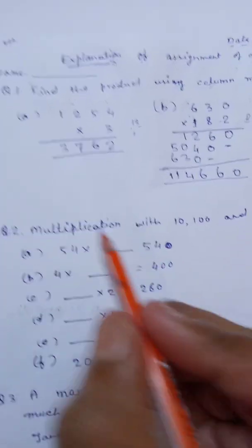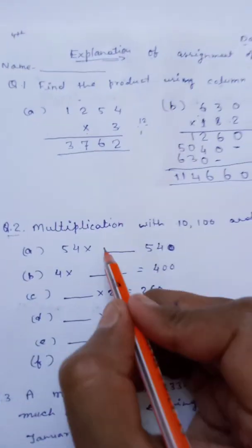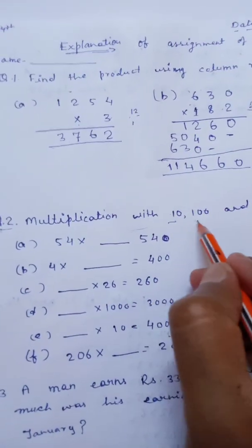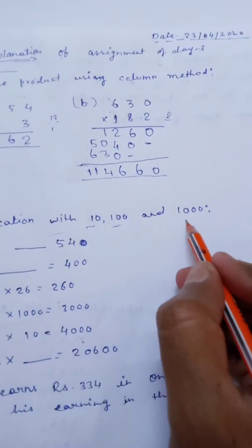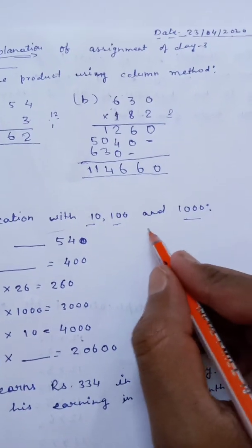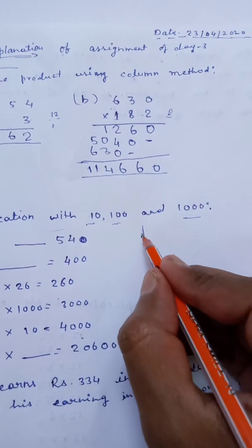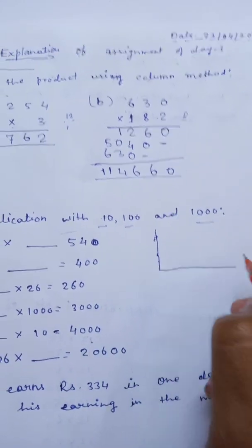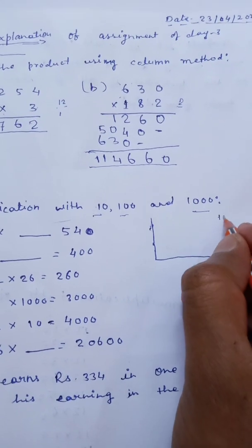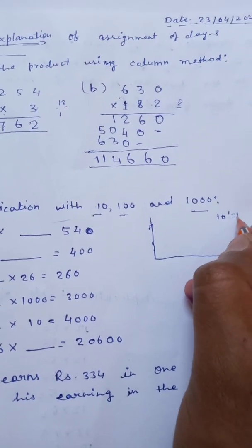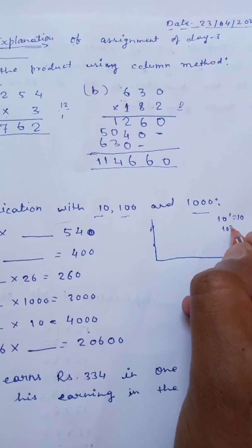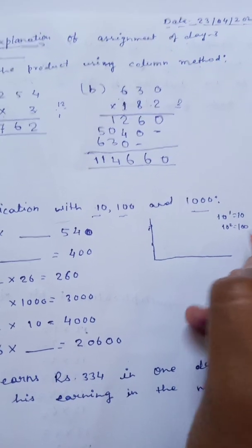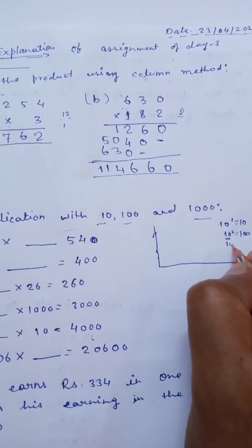Now question number 2 is multiplication with 10, 100 and 1000. Before starting this question, let me tell you, when we multiply any number with a power of 10, 10 to the power 1 is known as 10, 10 to the power 2 is 100, which means 10 into 10.